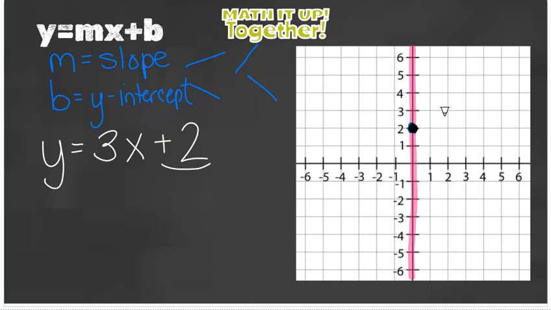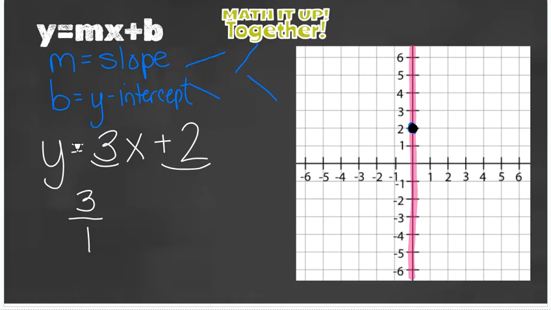1 point does not make a line, but 2 points will. So the way we use the slope from there is the slope allows us to count from 1 point on the line to the other. So in order to do that, we need both a numerator and a denominator. So of course, our denominator for 3 would be 1.